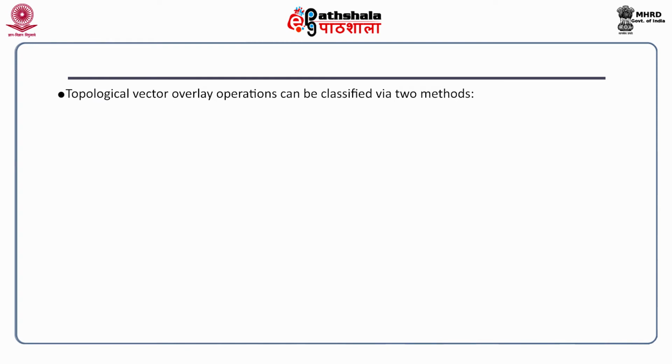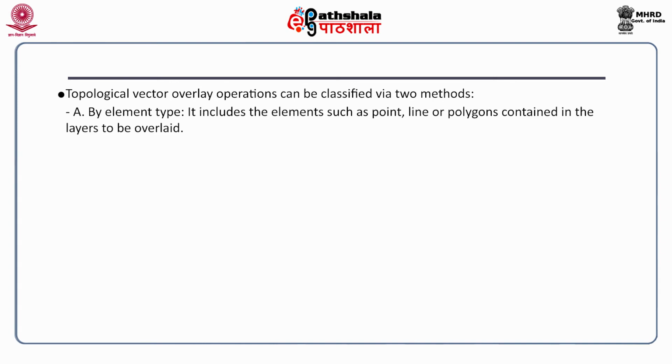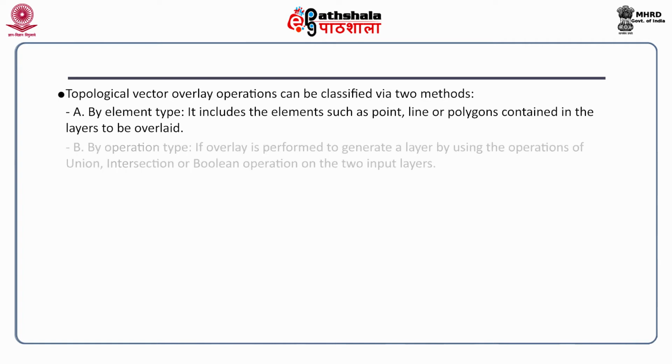The first one is by element type and the second one is by operation type. So, the element type includes the elements such as point, line or polygons contained in the layers to be overlaid. In the operation type, if overlay is performed to generate a layer by using the operations of union, intersection or Boolean operation on the two input layers, we call it as overlay by operation type.